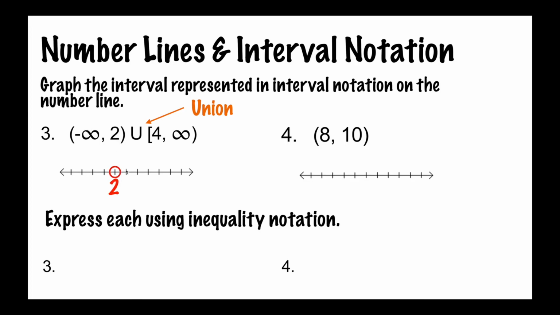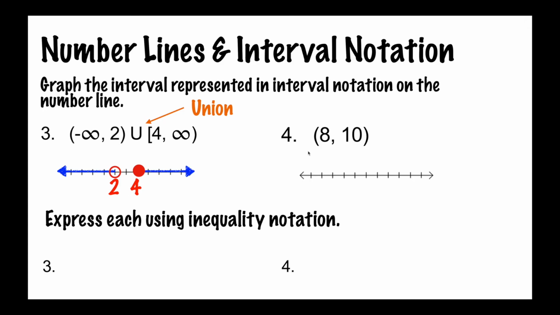Then from there, this would be the number 3. This one right here is going to be the number 4. This one at 4 has a bracket by it. That means it's included or it's equal to. So I'm going to use a filled in circle at 4. Then from there at 2, it's going to go towards negative infinity, so I can go ahead and put that arrow in. And then at 4, that's approaching positive infinity, so I can put that arrow in there.